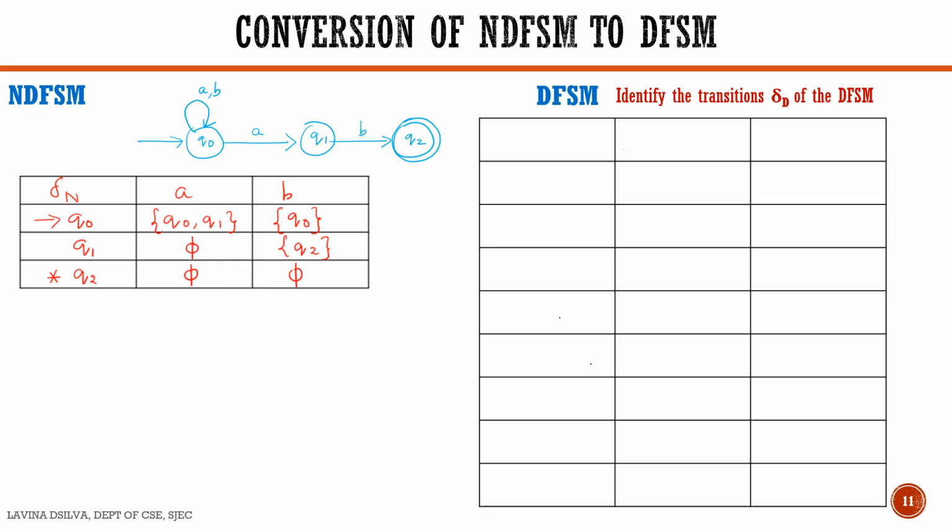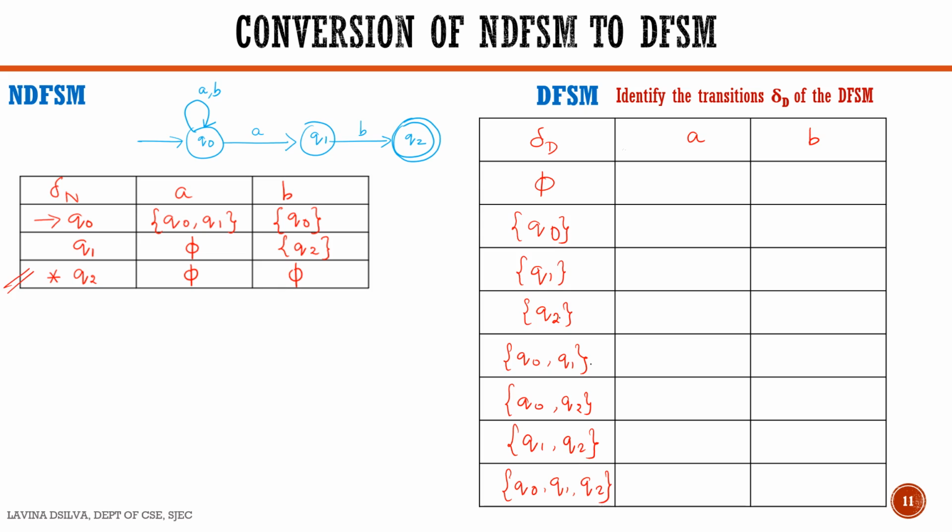I will make use of a tabular column in order to write all the transitions delta D of the DFSM. We have delta D and two inputs A, B. I'll write out all the states of the DFSM. We have state phi or empty state, then we have single element states, then we have two element states, Q0 and Q2, then we have Q1 and Q2, then we have Q0, Q1 and Q2.